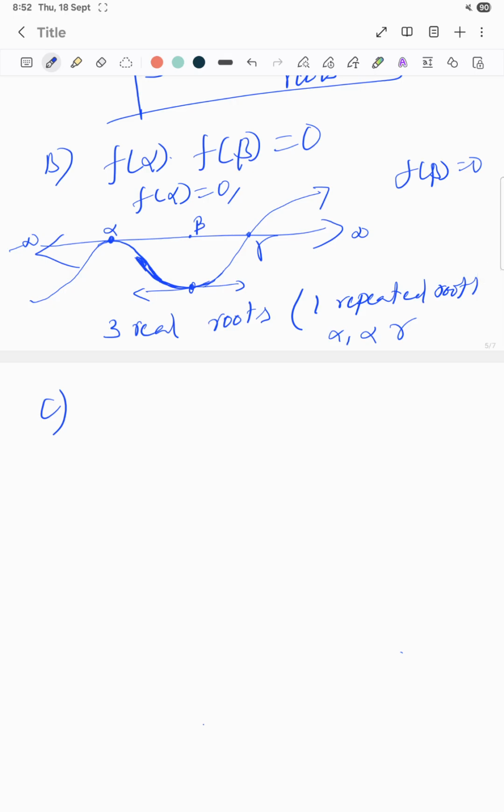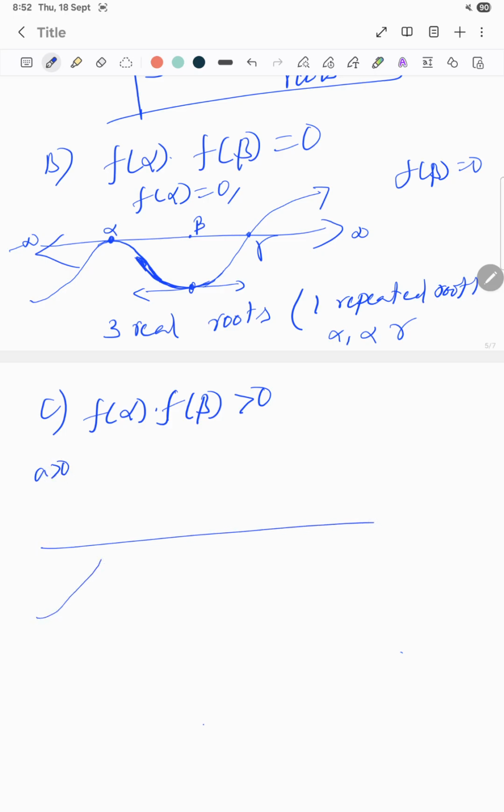So the next case is f of alpha into f of beta greater than 0. What will happen? If a is greater than 0, the graph will go like this. Now f of alpha and f of beta greater than 0 means either both f of alpha and f of beta are greater than 0 or both are less than 0. In both cases, let us see.